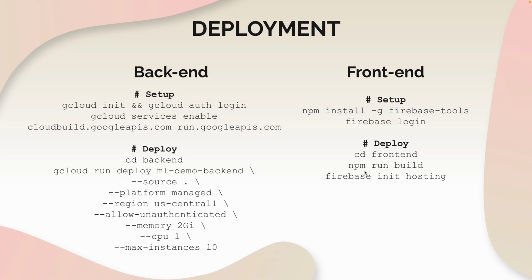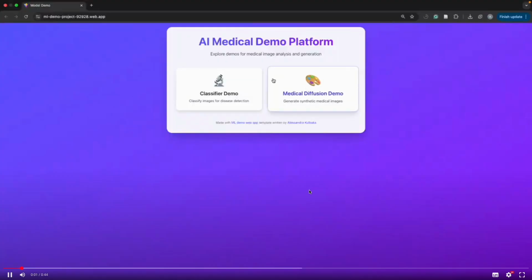So now that we have downloaded the code, changed the code, and deployed the application, let's see how it actually looks. This is the little demo of the application. As we can see, it is hosted on a public URL, so you can just visit this site and it will be working.